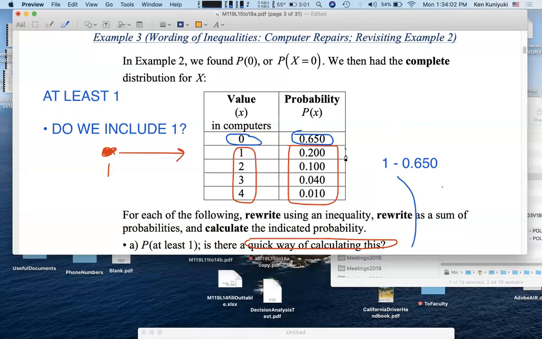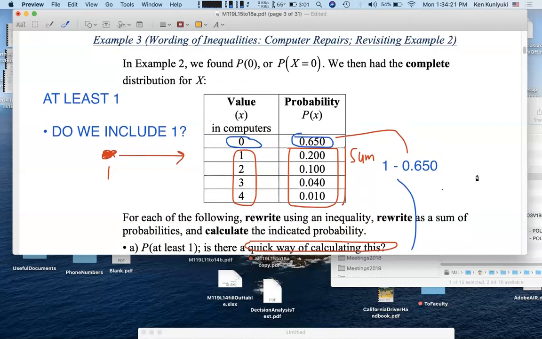So you could, of course, add all of these up. That's fine. You could take the sum of these, add these all up. That would work. But it's easier and you're more likely to get the correct answer. You're more likely to be accurate if you take 1 minus this, which is 0.350.